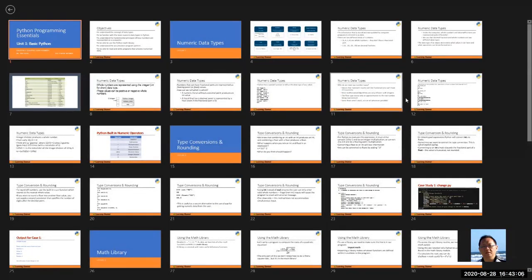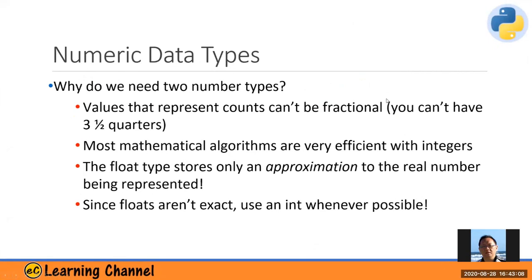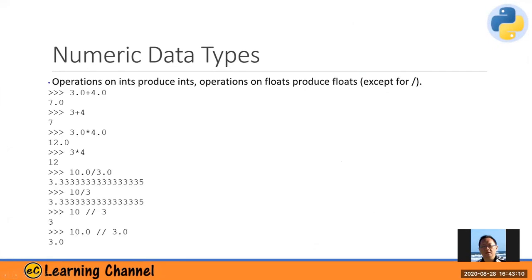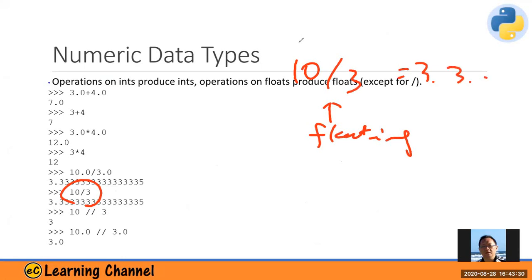So that is our floating point number, okay? You do addition, you do multiplication, you do division. Here, division has two types. If you do 10 divided by 3, this is called floating point division, and you will get 3.3 something, okay?